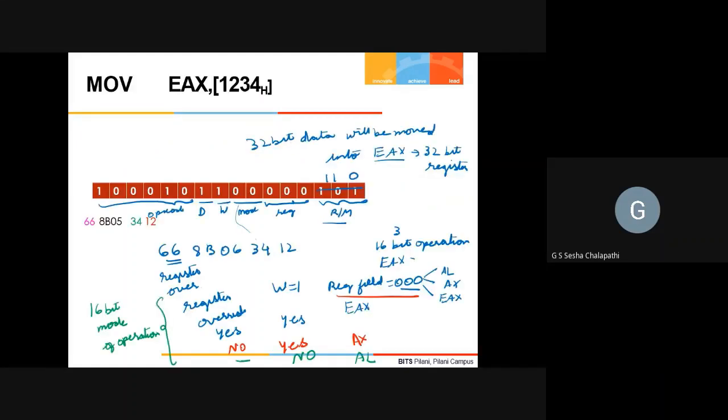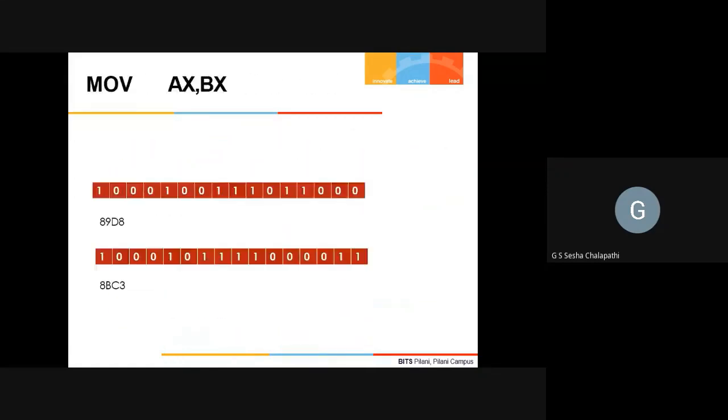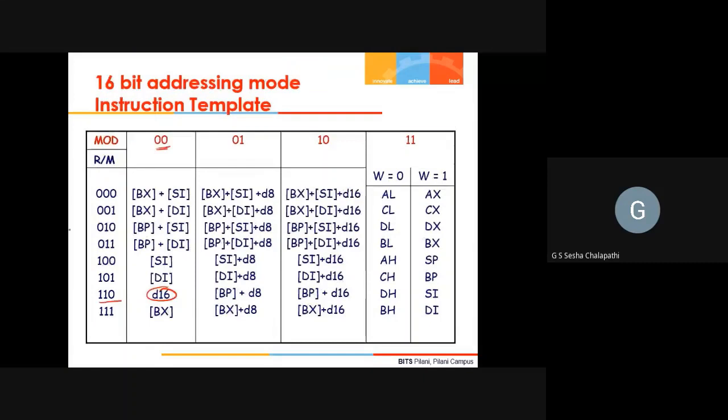The mod field will again be the same because you will be using a 16-bit displacement to mention this particular thing. So you will be using 00 and 110.